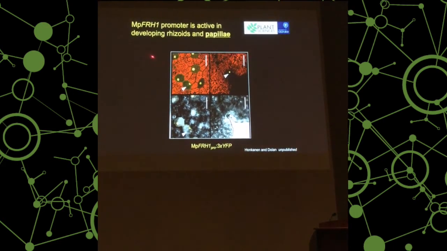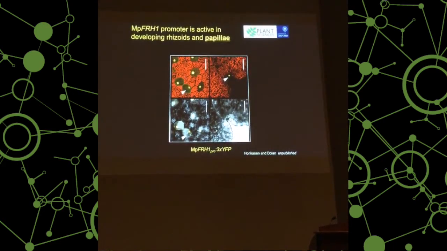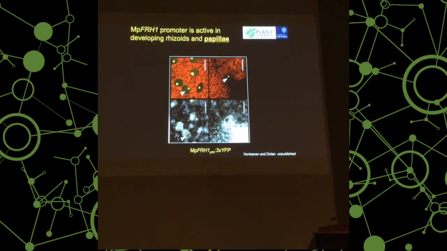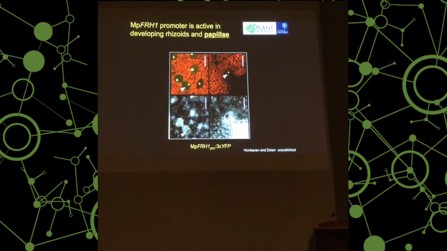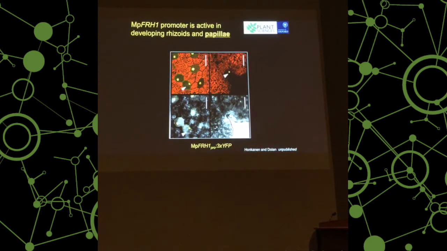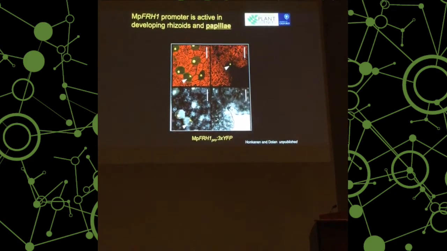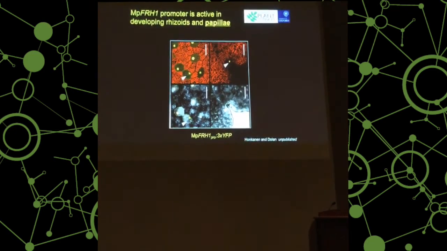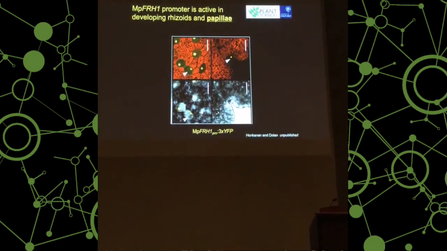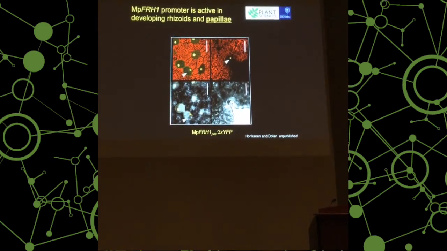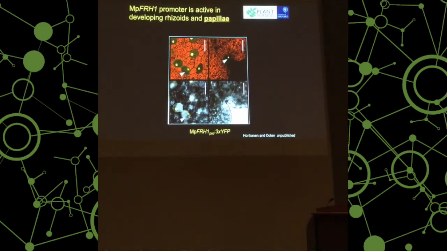These are equivalent to the pavement cells of Arabidopsis. And so we can see that the promoter is active in these cells, which suggests that the role of the FRH1 microRNA is to negatively regulate RSL1 in the rhizoid cell itself.